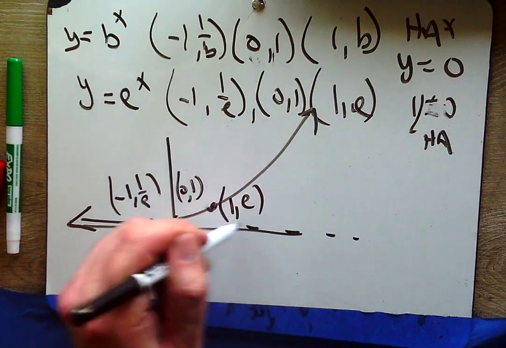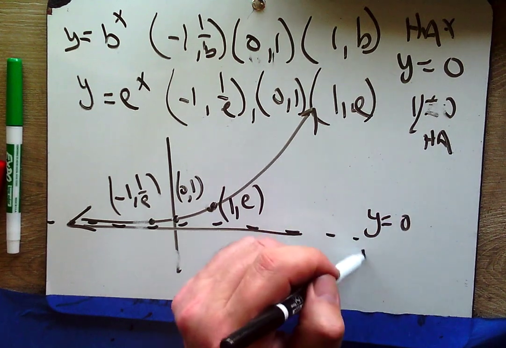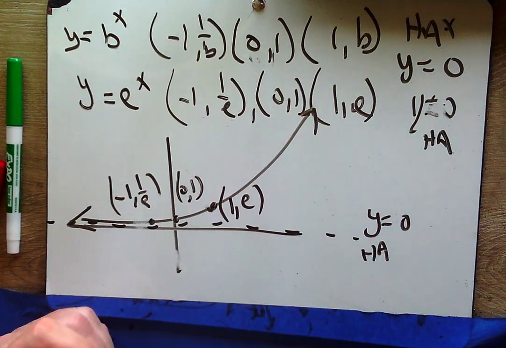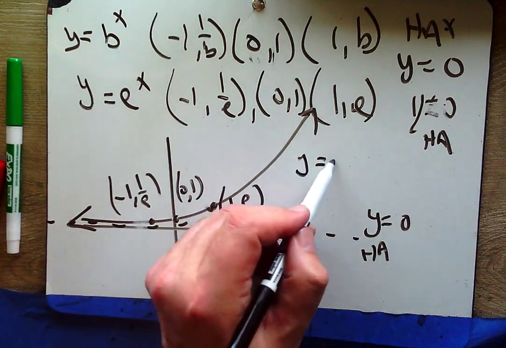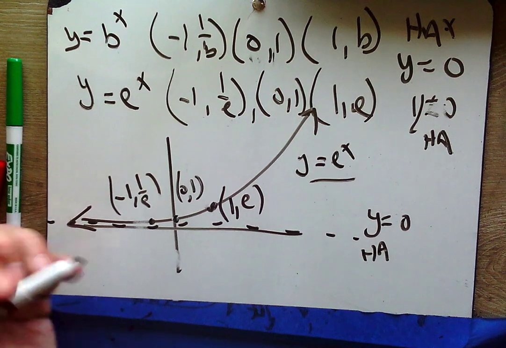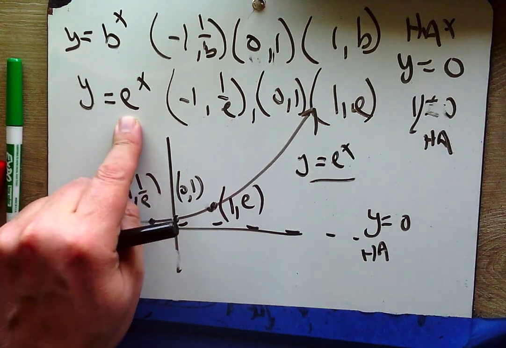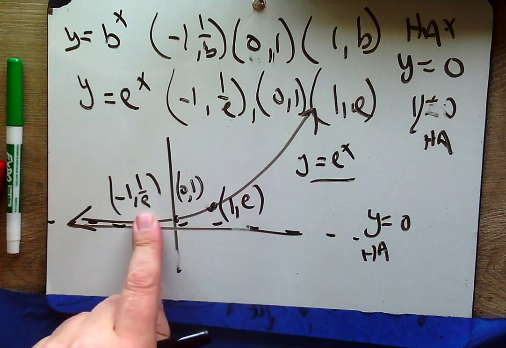And don't forget to label, because I will mark the problem wrong. Y equals 0 is your horizontal asymptote. Okay, there's our reference graph for y equals e to the x. E to the x is exponential growth. This base is bigger than 1, so we're looking at growth here. Okay. Yeah, so I'm comfortable with this.